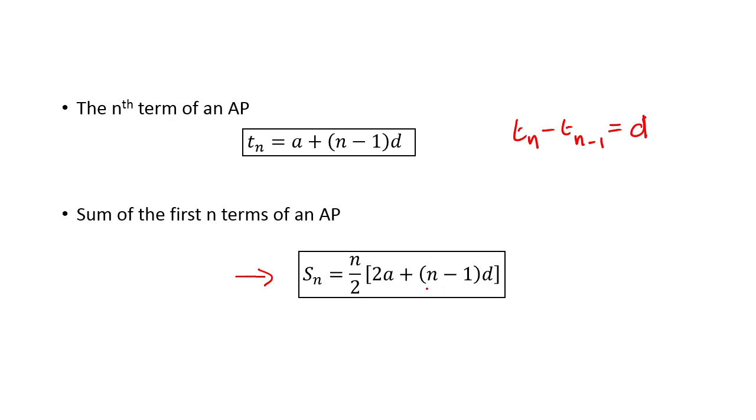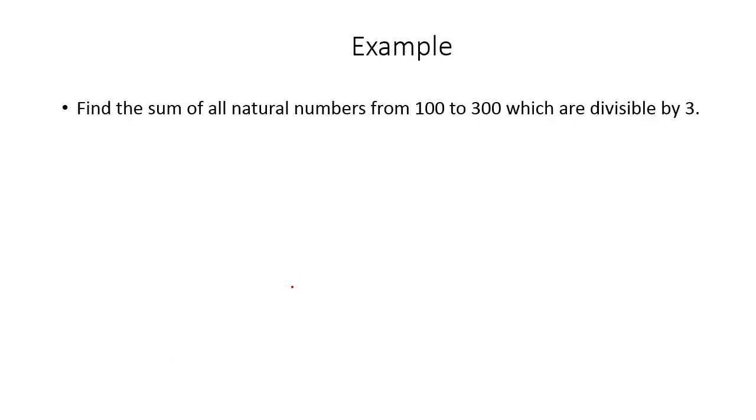This is the sum of the first n terms, and for this Sn we know that Sn minus Sn minus 1 is the nth term of the arithmetic progression. So with this we'll continue with some more examples on arithmetic progression.